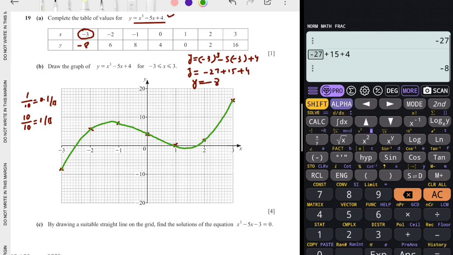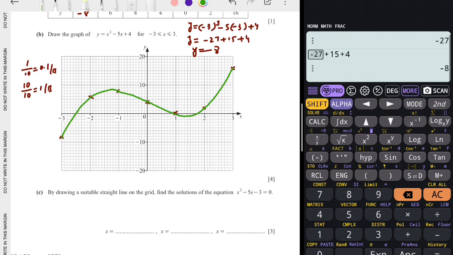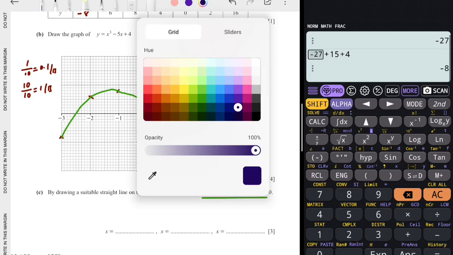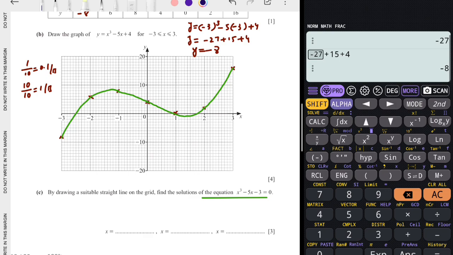Now girls, next part: by drawing a suitable straight line on the grid, find the solutions of the equation x cube minus 5x minus 3 is equal to 0. Now we have to compare this equation with the original one.